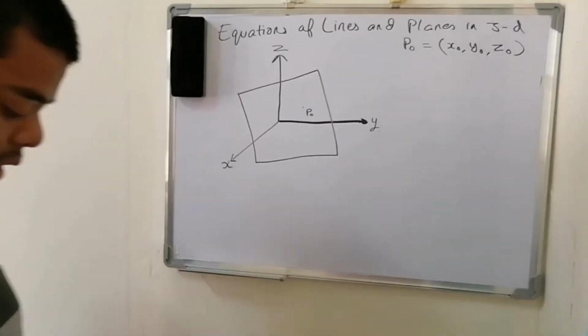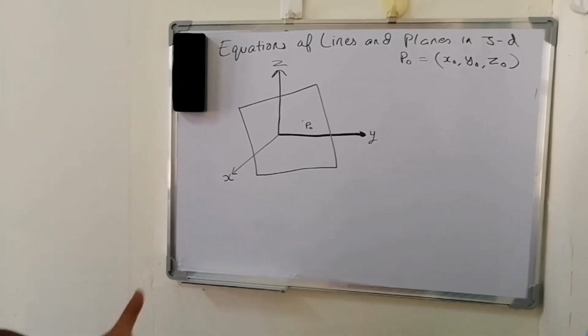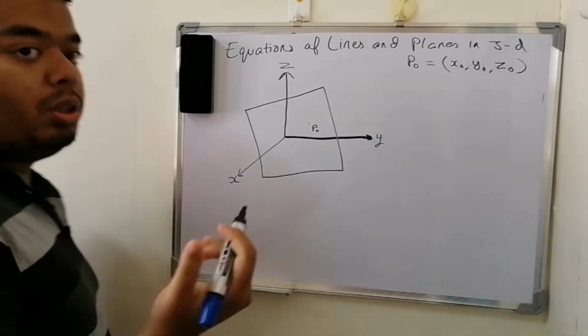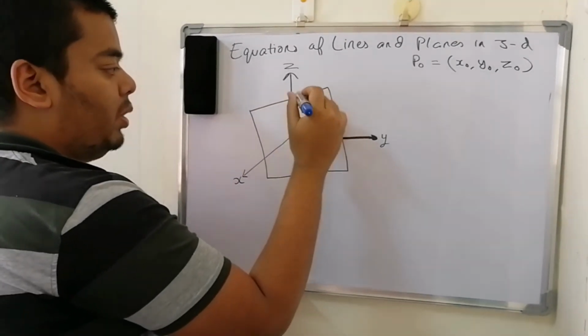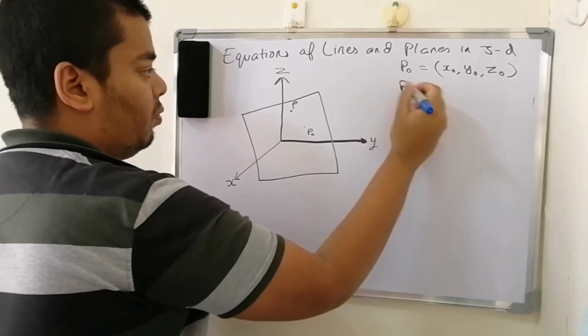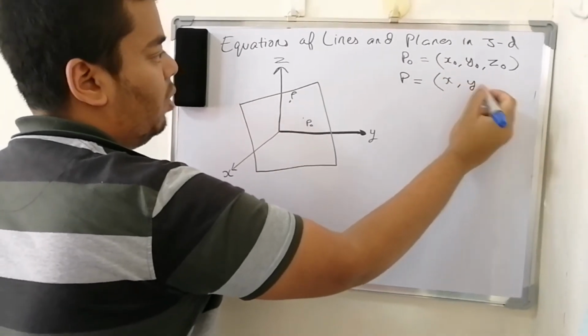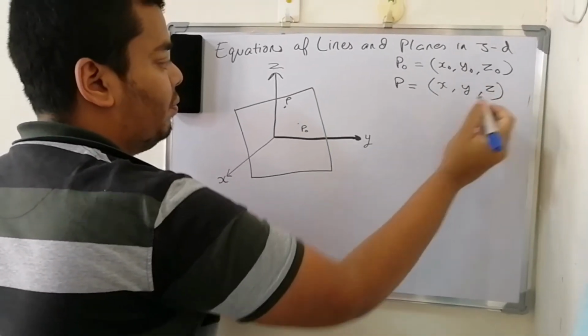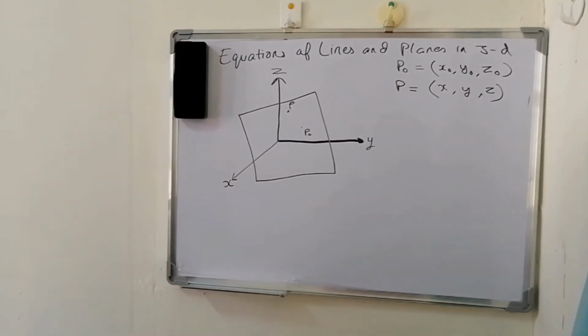Now we need another point, an arbitrary point on the plane, as we did with the line. So we'll take an arbitrary point, P. This P will be X, Y, and Z. Now here comes the dilemma.